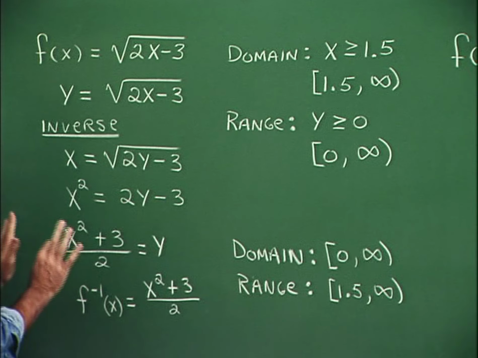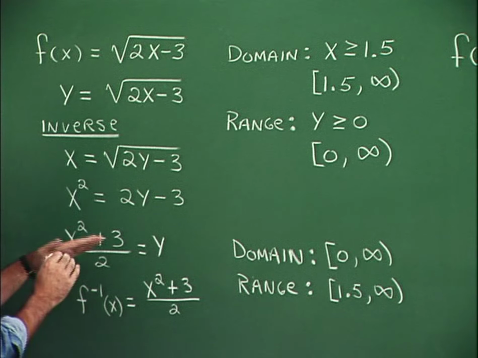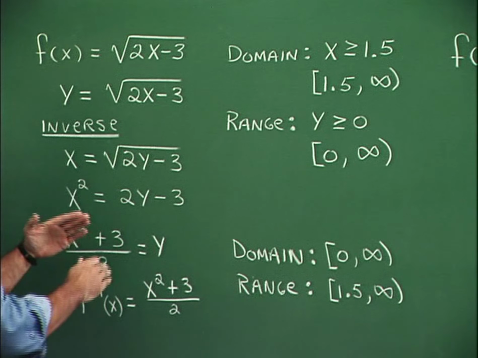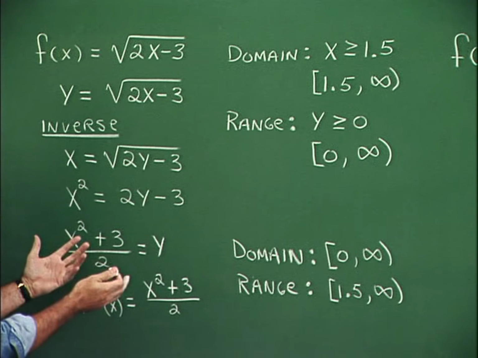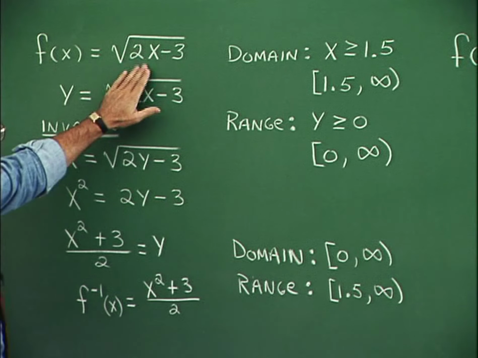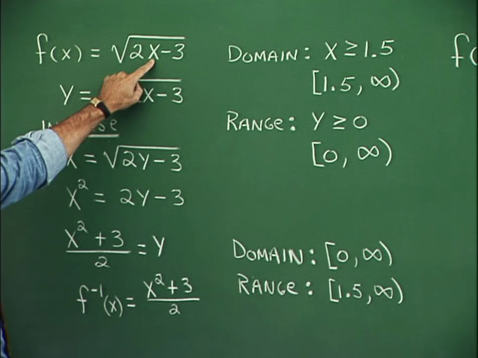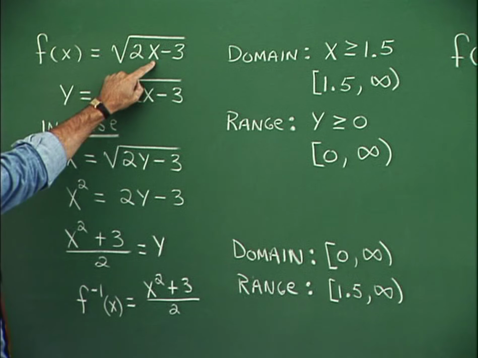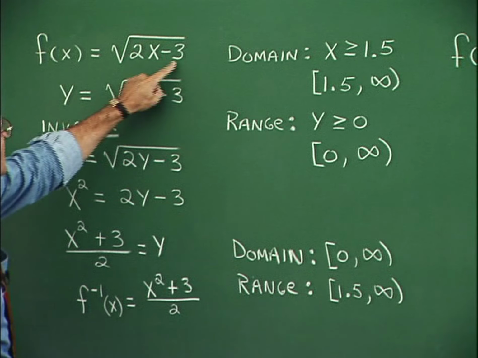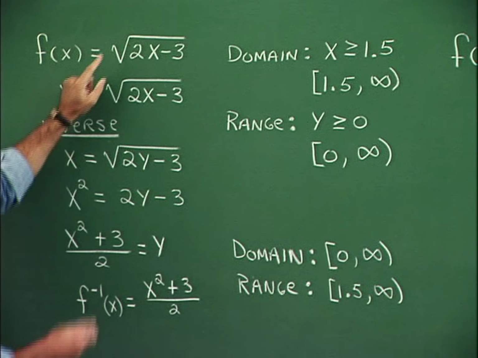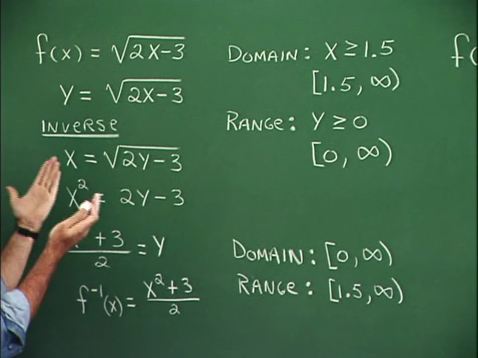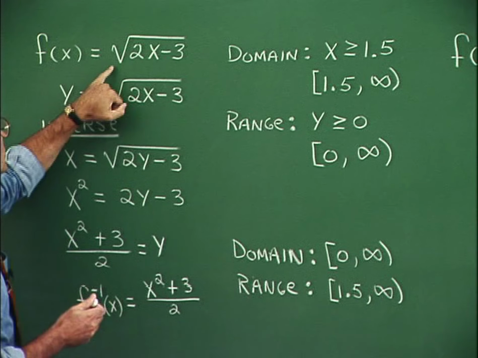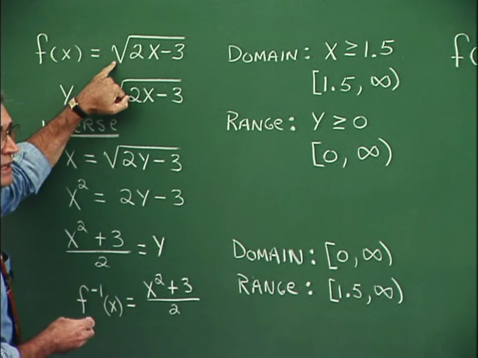Now, what you ought to notice about this is that functions and inverses have inverse operations involved in them. Look at what we started with here. We have 2 times x, we're subtracting 3, and we're square rooting. Well, the inverse operations then in the inverse function should be, let's see, the inverse of square rooting is squaring.